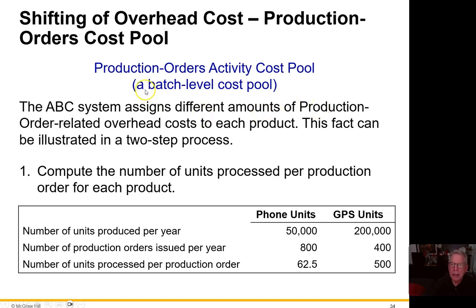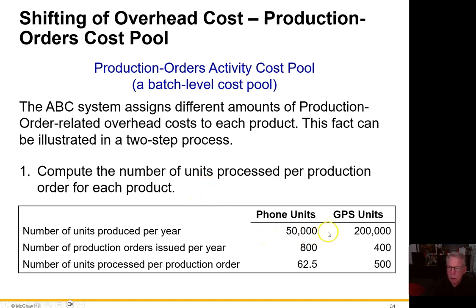So the production orders activity cost pool is a batch level cost pool. The ABC system assigns different amounts of production order related overhead costs to each product. This fact can be illustrated in a two-step process. We'll compute the number of units processed per production order for each product.